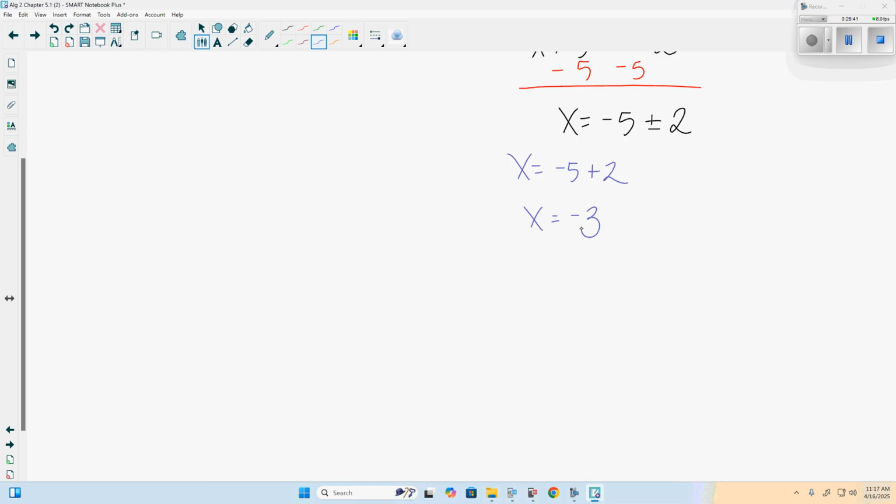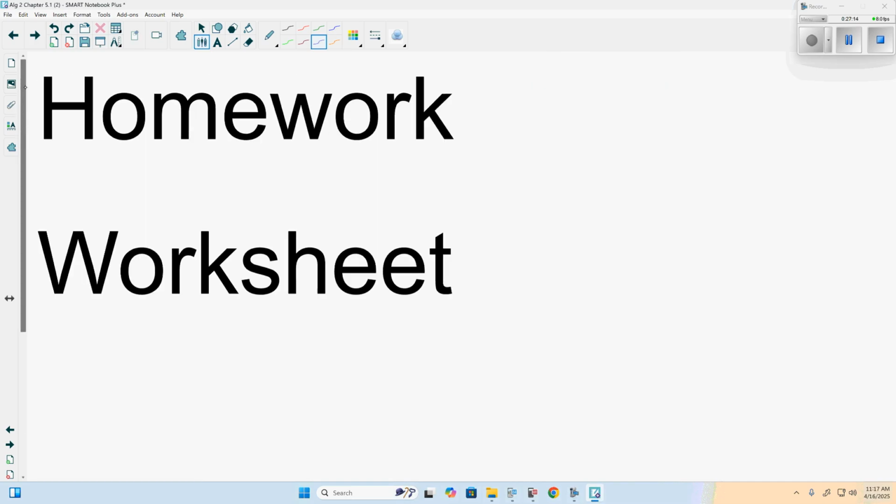So negative 5 plus 2 would indeed be negative 3, and negative 5 minus 2 would be negative 7. We do get two solutions. Questions on this here? And that is it.